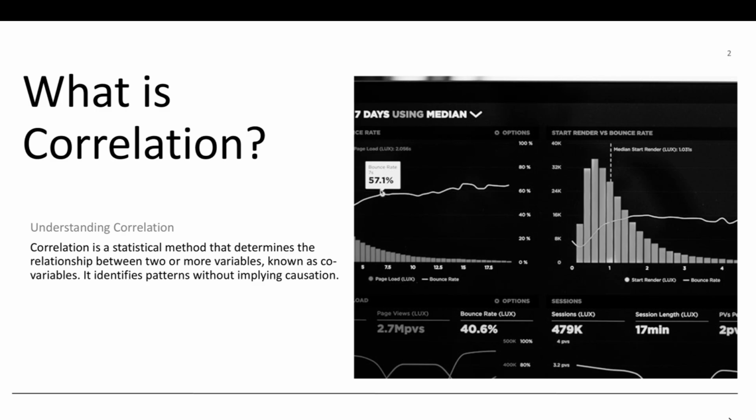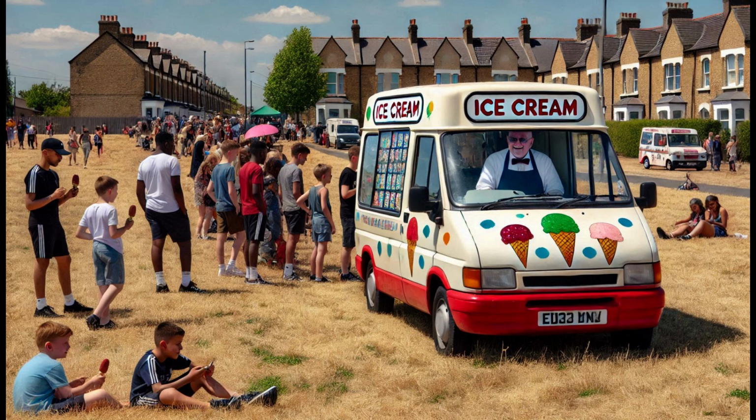So the example I always use is that the colour of the grass is correlated with ice cream sales. You might notice that the more yellow the grass gets, the more ice creams are sold. Now, of course, it'd be ridiculous to claim that ice cream sales and grass colour are causing each other.